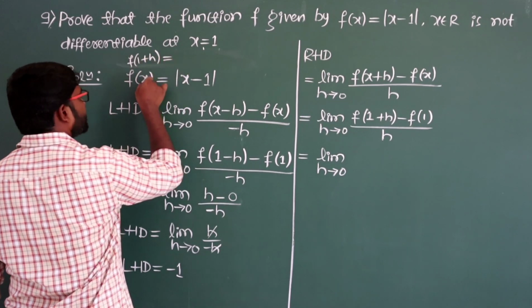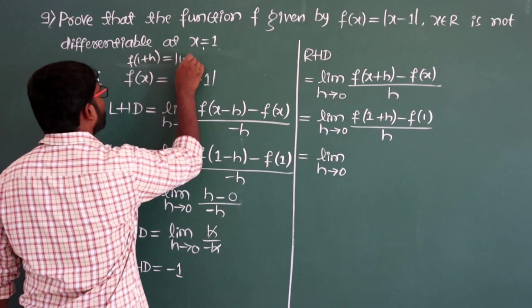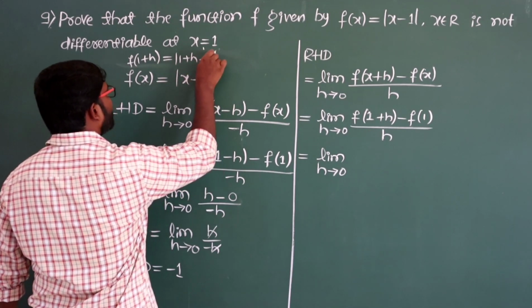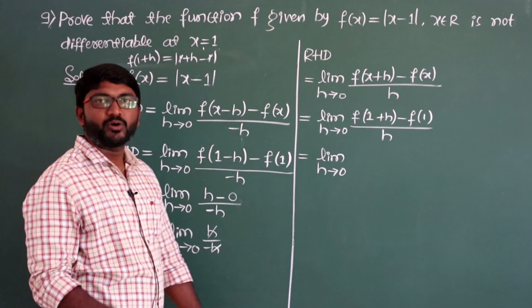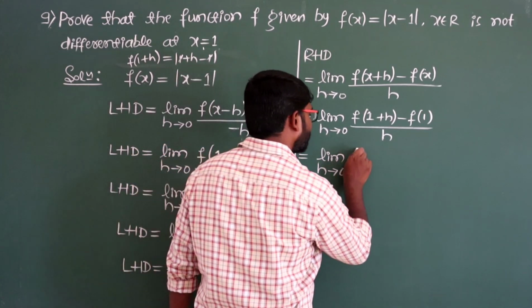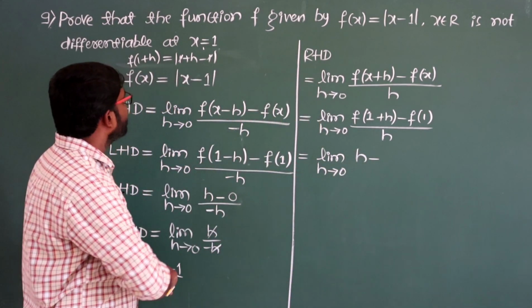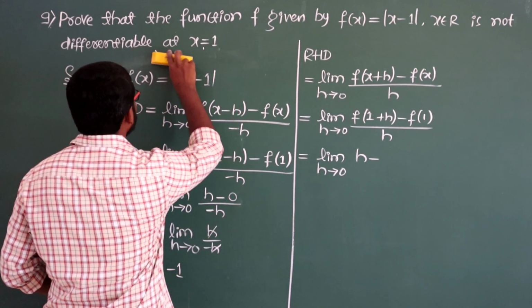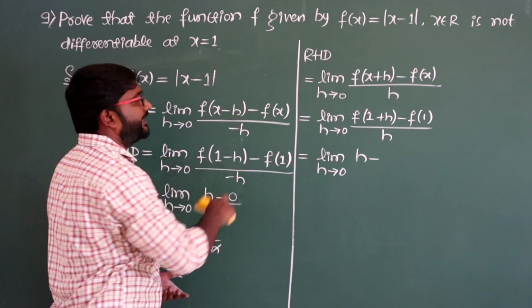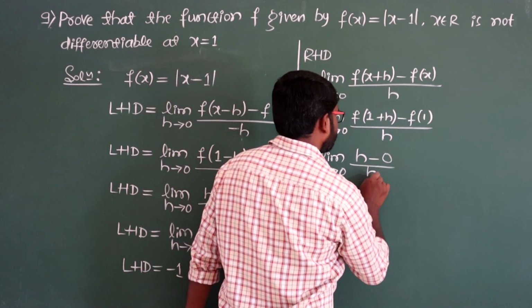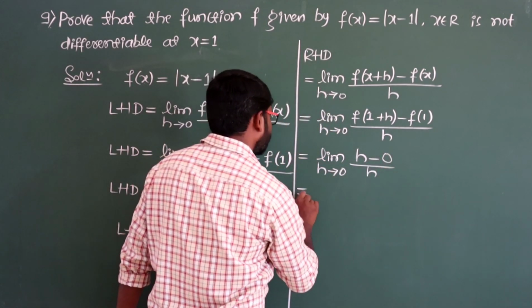That means replace x by 1 plus h, and then this minus 1 must be written as it is. So plus 1 minus 1 get cancelled, we get modulus of h, that is nothing but h, minus f of 1. So what is f of 1 now? It will be 0. Previously we have calculated the f of 1 value, it will be 0. So 0 divided by h, minus 0, it is h.